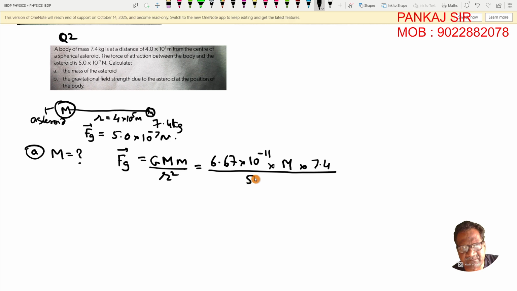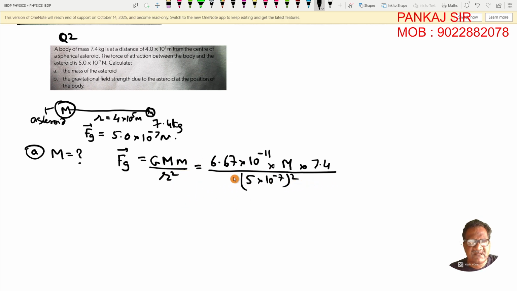The mass you have to keep in kg and the distance in meters.